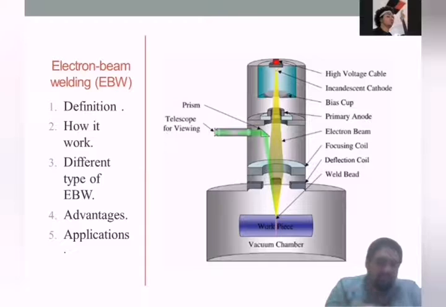The advantages of this process are that distortion and shrinkage are very minimal, and the weld has a very high quality.